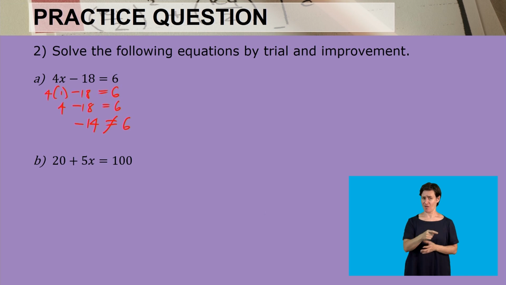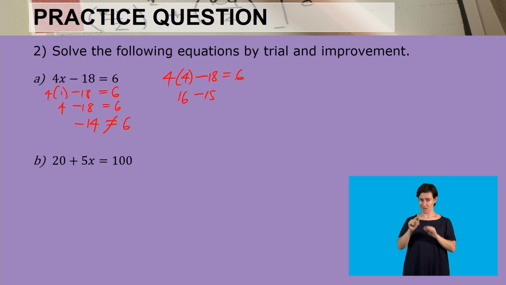So let's use 4 this time. 4 multiplied by 4 minus 18 equals 6? 4 times 4 is 16, minus 18 is negative 2, and it's still not equal to 6. However, we are closer to 6.